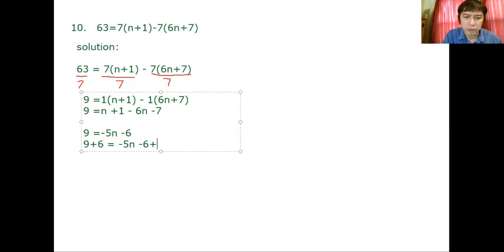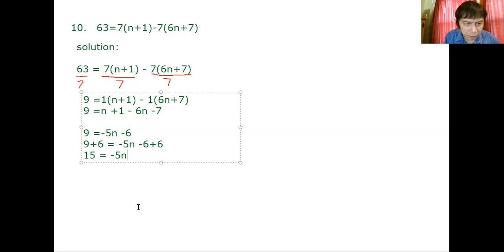We add 6. And so this will zero out, these two here. And so we continue with the next line. This is 9 plus 6, that's 15. And the right side is now just -5n. No more number 6 because these two zero out.